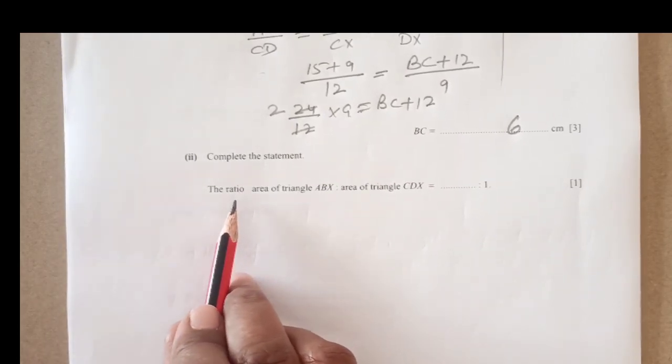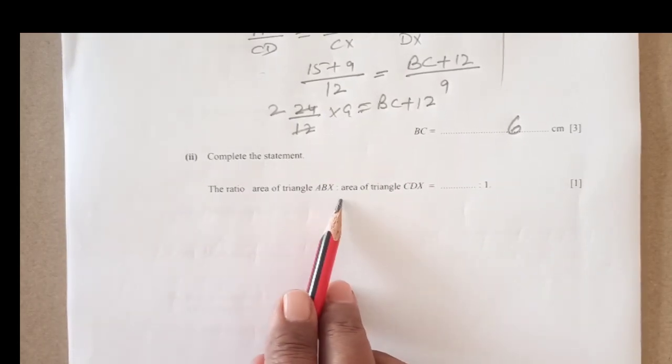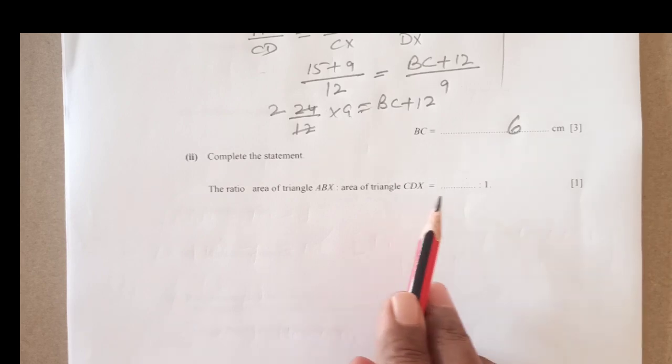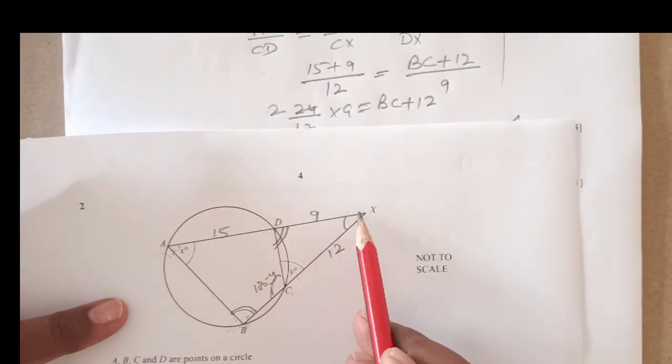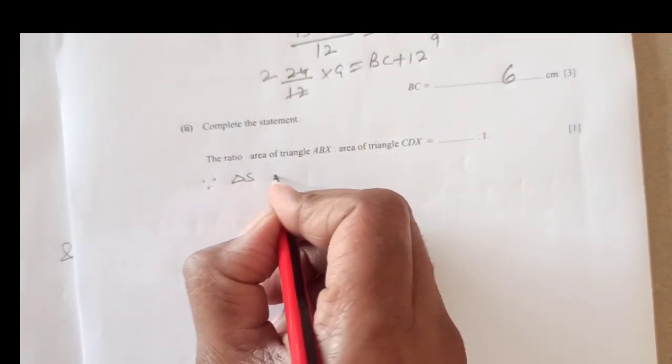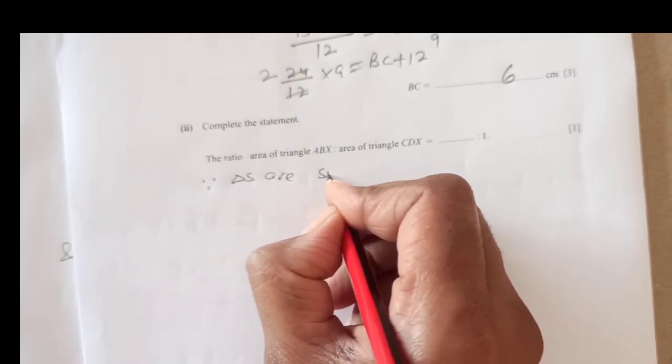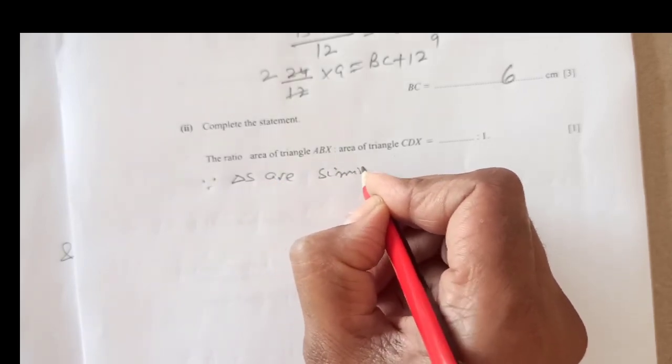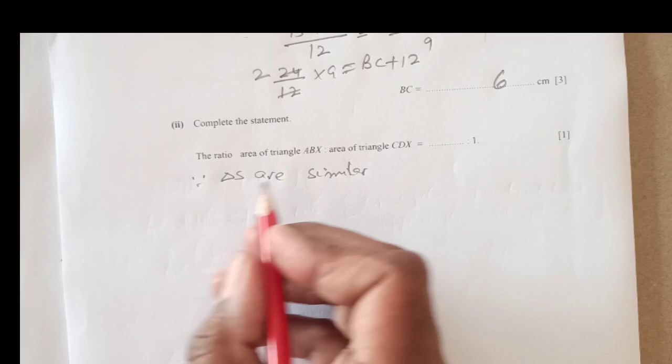Now complete the statement. The ratio of the area of triangle ABX to the area of triangle CDX is this much. We know that these two triangles are similar. Sorry, I'm using the word congruent again and again. Triangles are similar.